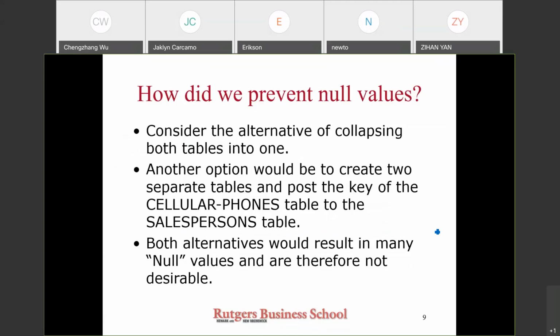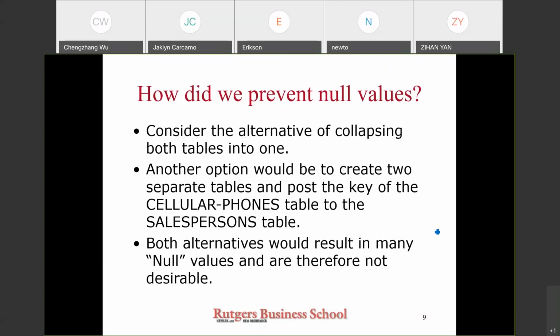Okay, one more thing. How did we prevent null values? We have 3 things to consider. The alternative of collapsing both tables into one.